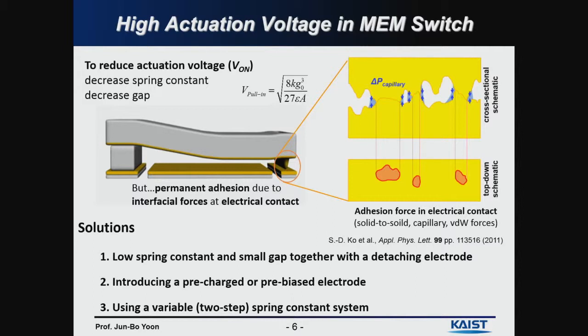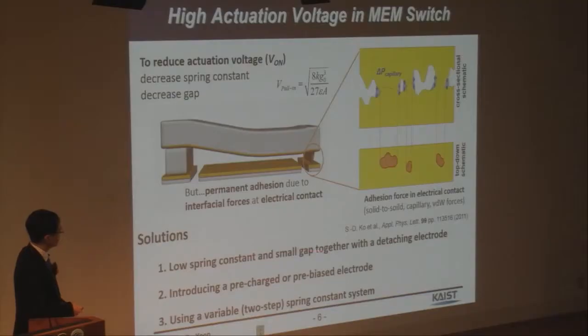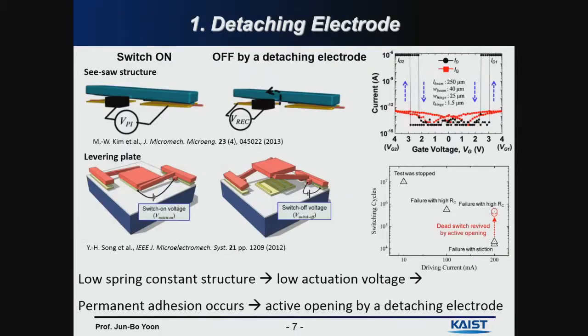However, if we do that, there might be some permanent adhesion, which is called stiction, that happens because of a lot of nanoscale forces. So in order to prevent this phenomenon, there are a couple of solutions: using a detaching electrode, or introducing a pre-charged or pre-biased electrode, or using some smart structures.